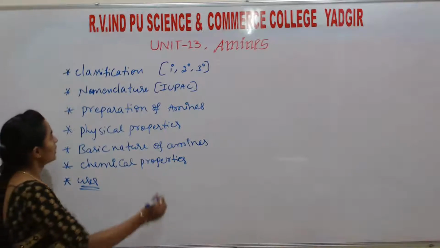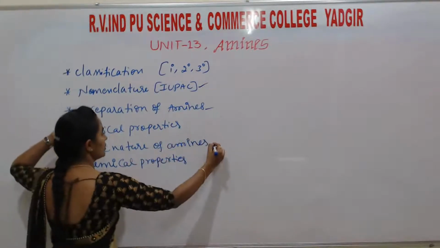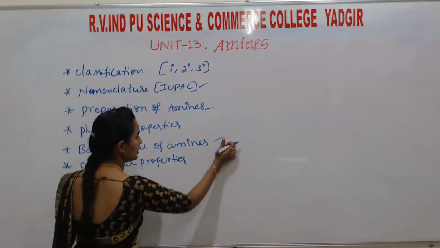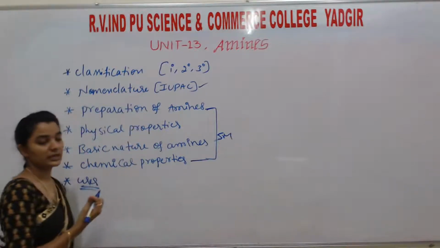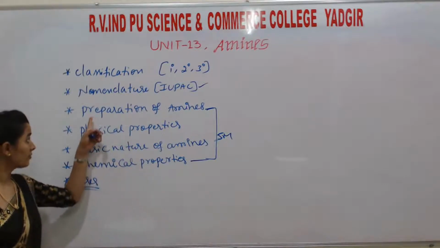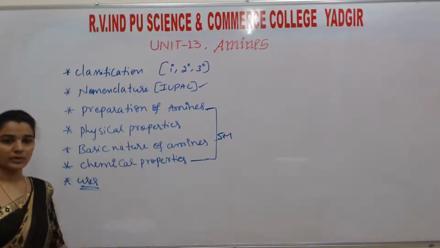In this, nomenclature is important for 1 mark. Preparation and chemical properties are important for 5 marks. This 3 plus 2 question or 2 plus 2 plus 1 question is always asked from the preparation of amines and also chemical properties.